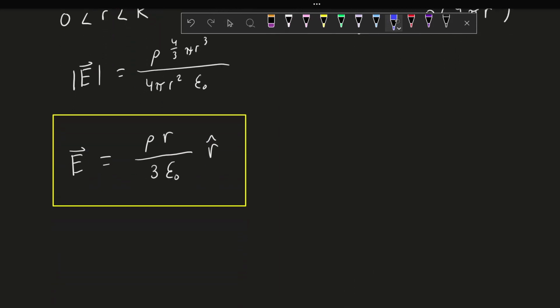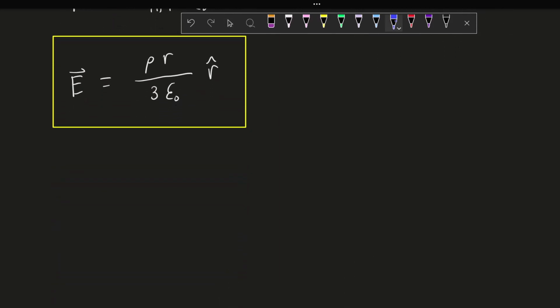Now another scenario is, let's say we have a cylinder. And this cylinder is a conductor. Here the shape doesn't really matter, but another thing you need to know is the electric field inside a conductor equals 0.